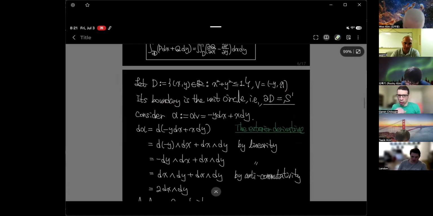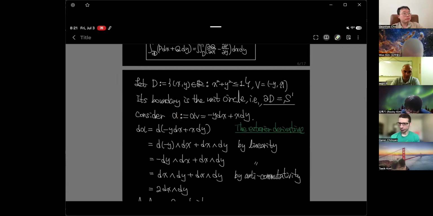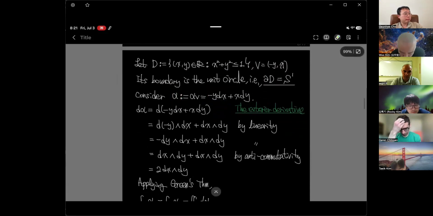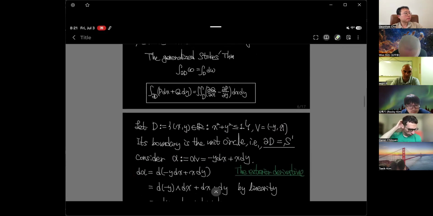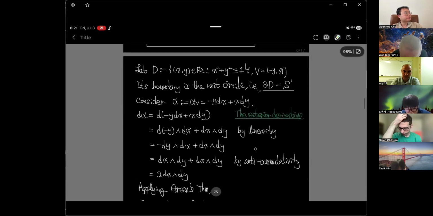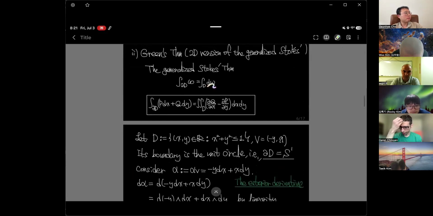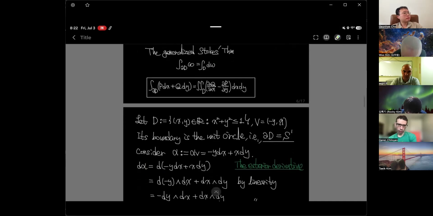And then for convenience, I'm going to just write alpha instead of alpha of B. So this alpha, the one-form, was this one. We already got this. And then we need d alpha, because we need this part, d omega. Then how can I get this d alpha?